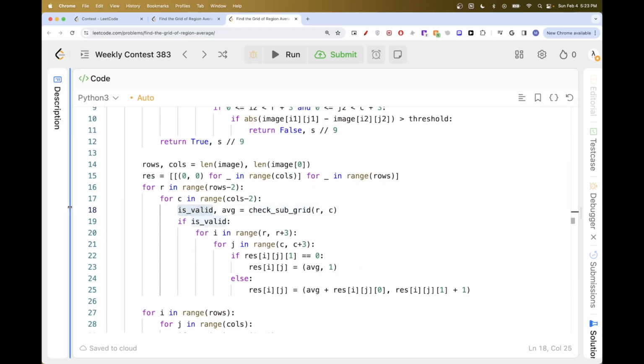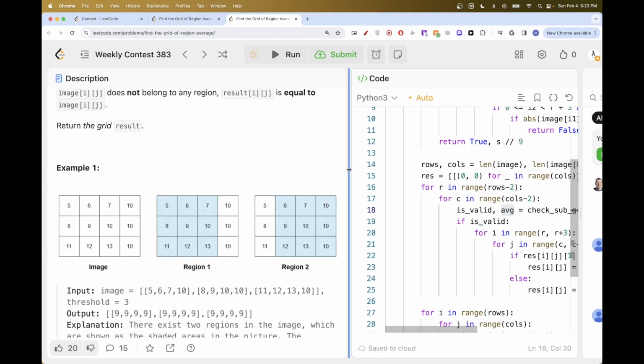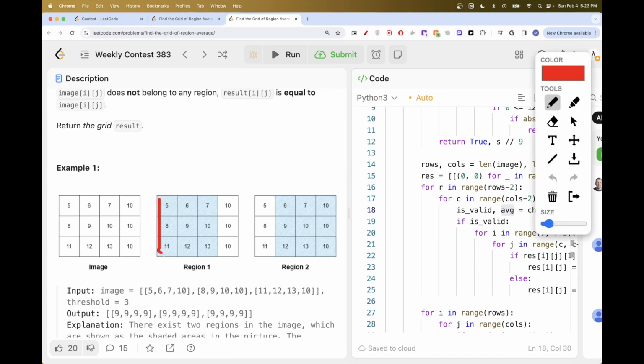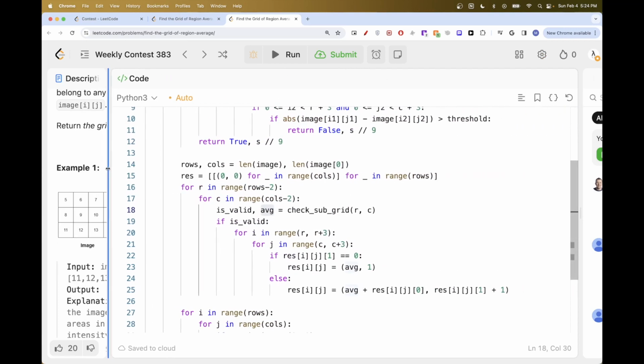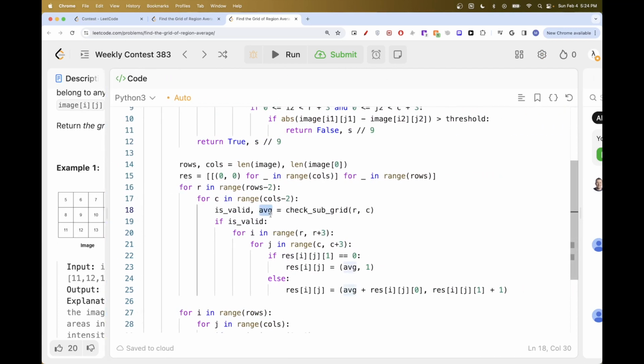But also, just to not do a lot of work, we can calculate the actual average while we're checking if it's valid. The average is just the sum of the values of the subgrid divided by 9, because there are 9 elements. So we can just take the sum, divide by 9, and return that. In Python, you can return two values. If you have another language, you can return a tuple or some sort of instance of a class.